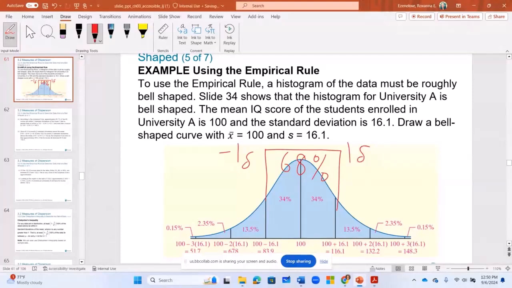So this is 68. And it says that 95% of the data on the normal curve lies within plus or minus 2 standard deviations, so let's write 95% here. 95% of the data lies within 2 sigma, negative 2 sigma.